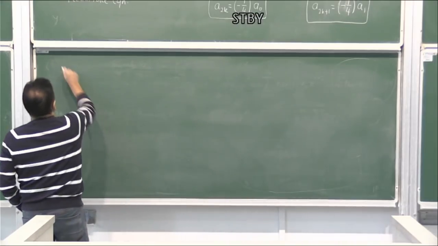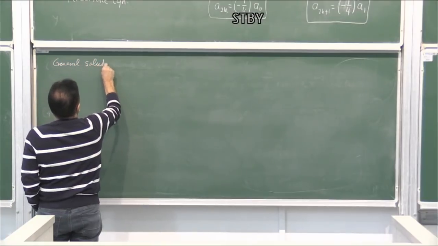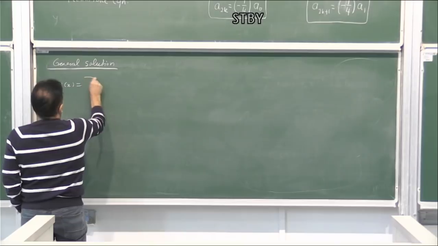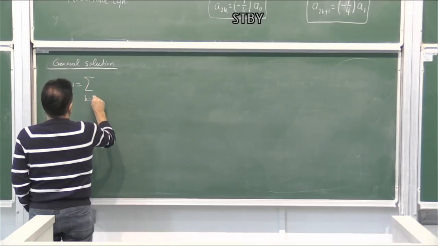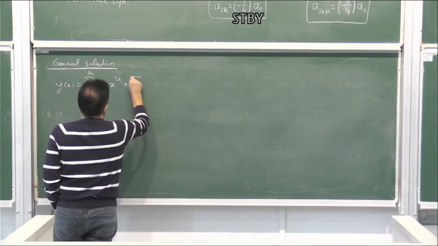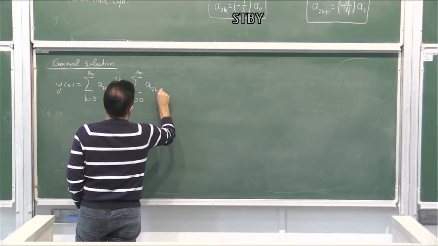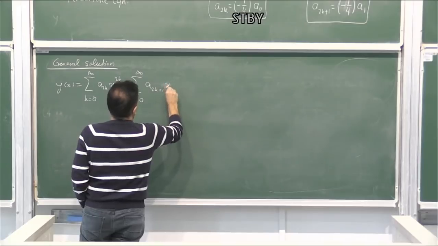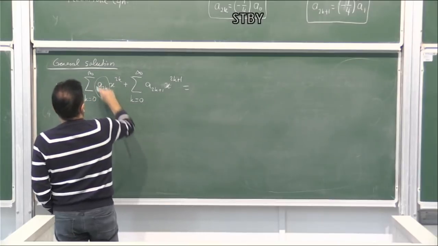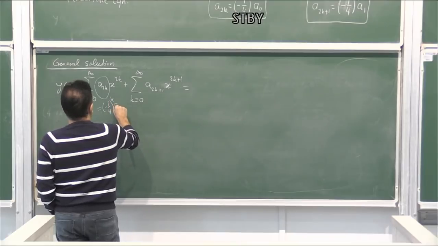So the general solution y of x, again splitting the series into two parts containing even powers of x and odd powers of x separately. So a2k is minus 1 over 4 to the power k a0.